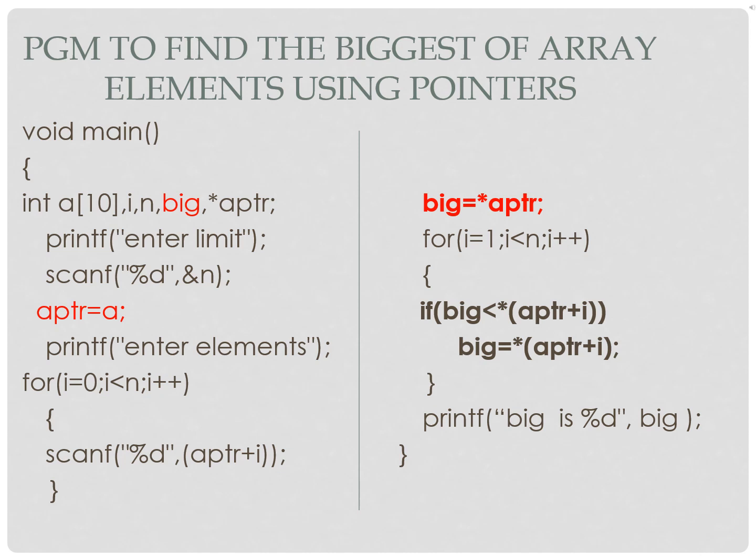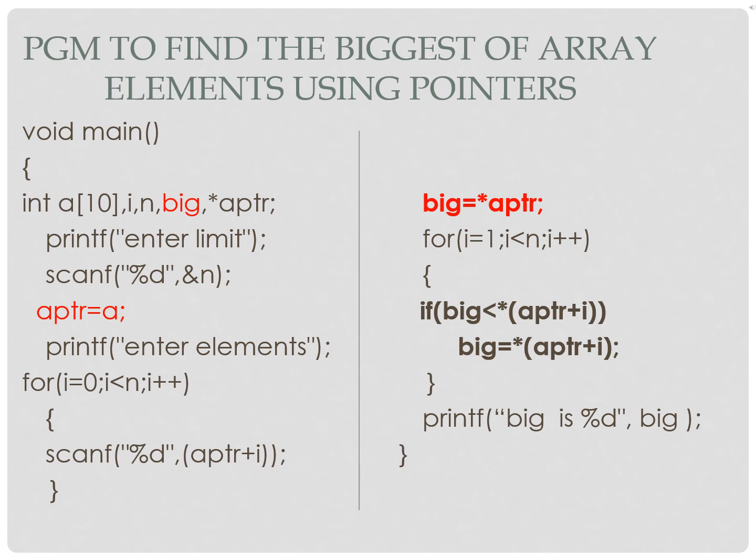After the reading process is over, you assign the first element to big. How do you access the first element? Star APTR. So big equal to star APTR. Now starting with the second element, I equal to 1, I less than n, I plus plus.